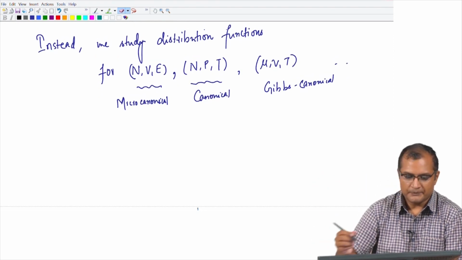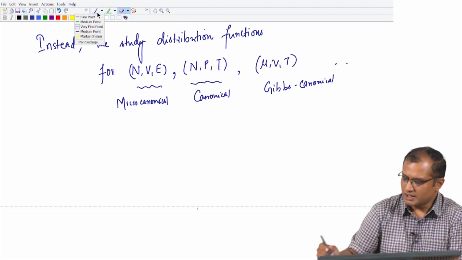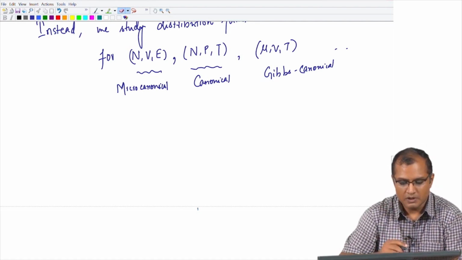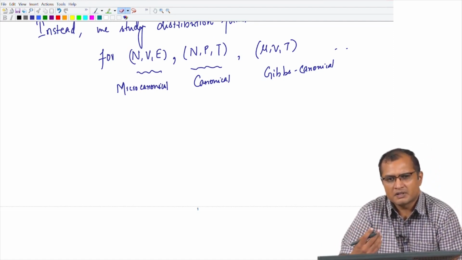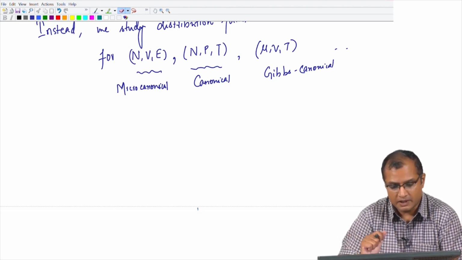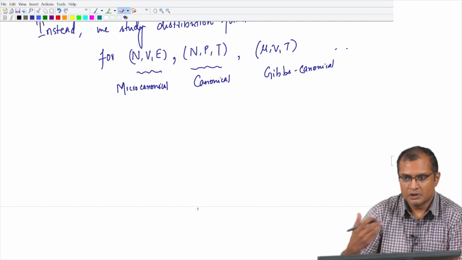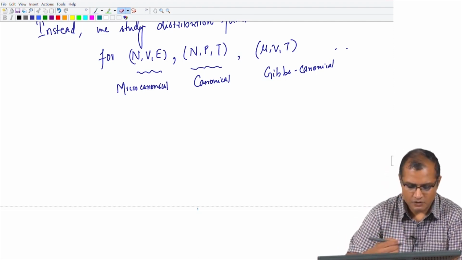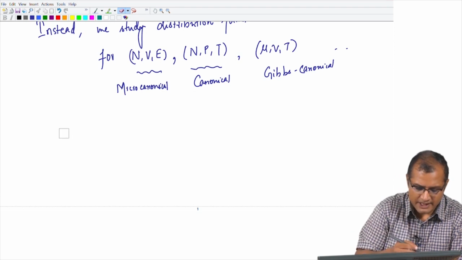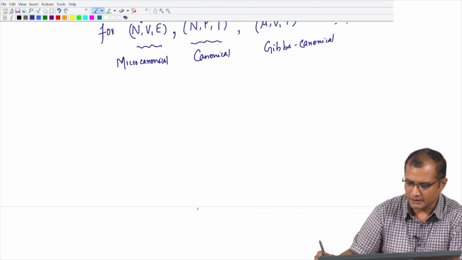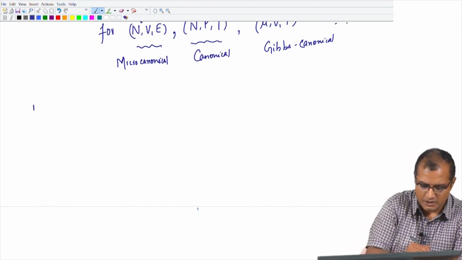I will not be concerned about single particles anymore, where the amount of information available is huge, but the problem also becomes intractable. Instead, we will go to the information of distributions. So, with that in mind, I will take the first ensemble, which is the microcanonical ensemble.